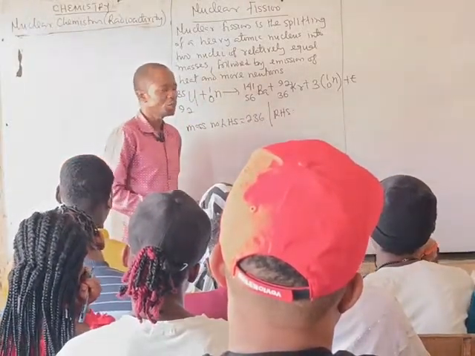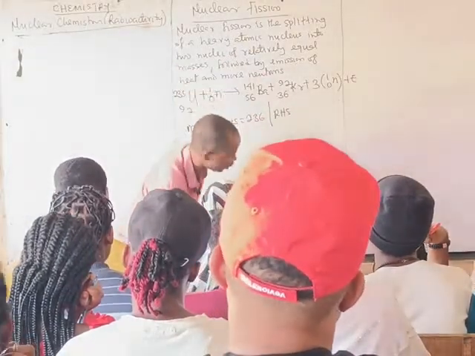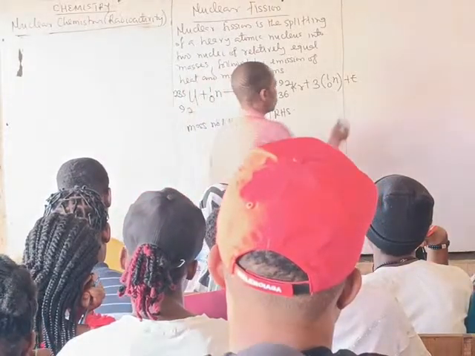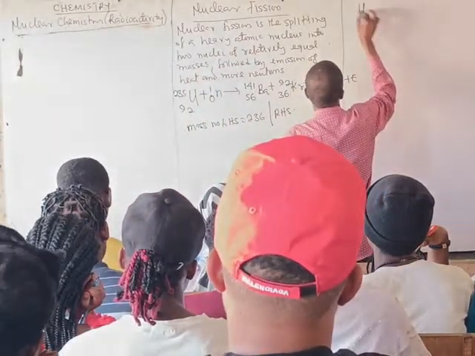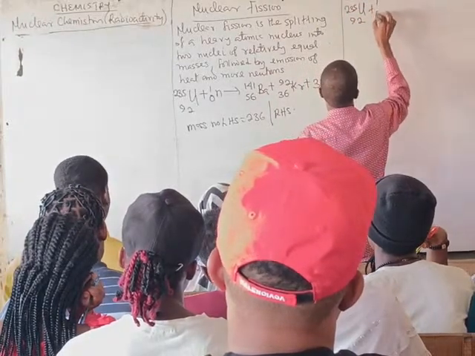Because even at times, you can actually be given an equation like this, but instead of this to be written like this, you can have something like this. You can have uranium-235, 92, plus 1, 0.